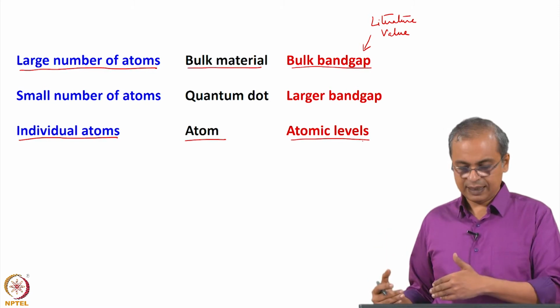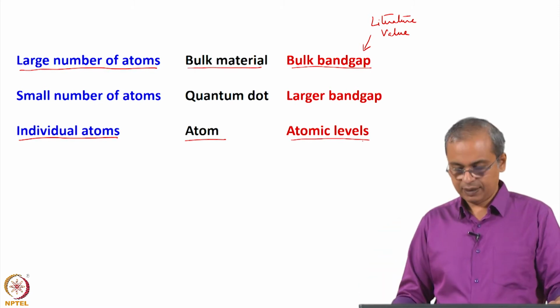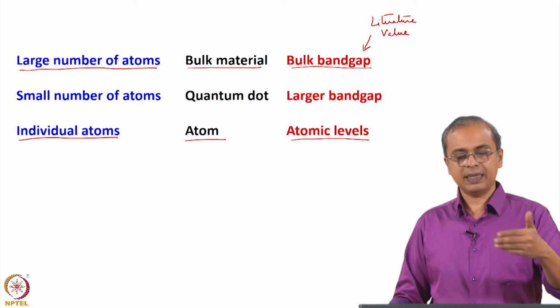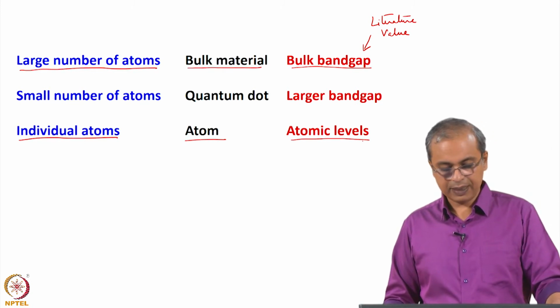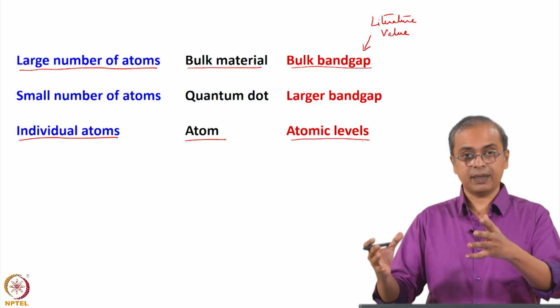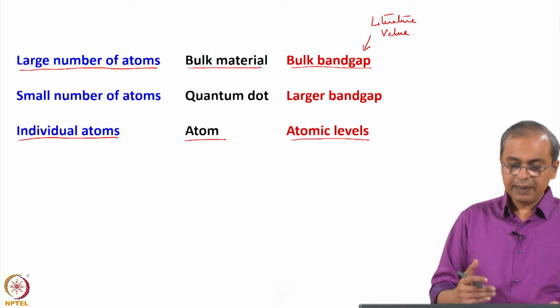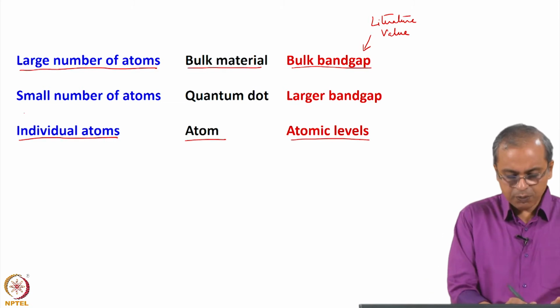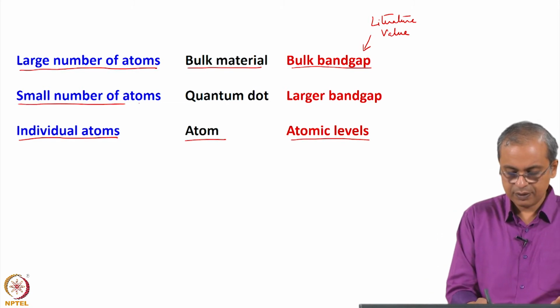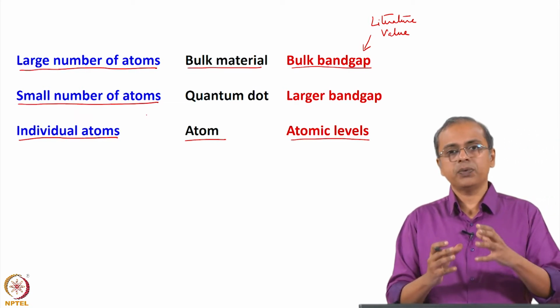So, you have X-rays at that end of the spectrum, and at the other end you have bulk material showing you the bulk band gap. Between these two, you have a small number of atoms, which is typically what you will see in a nanomaterial.